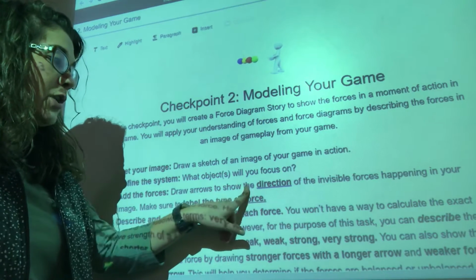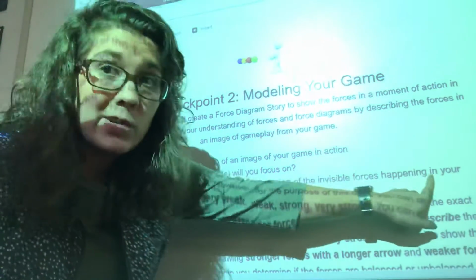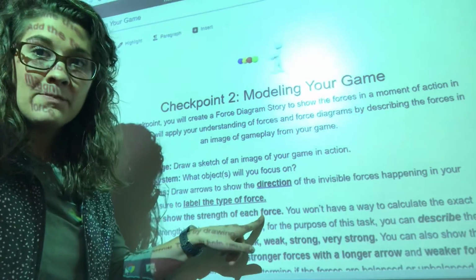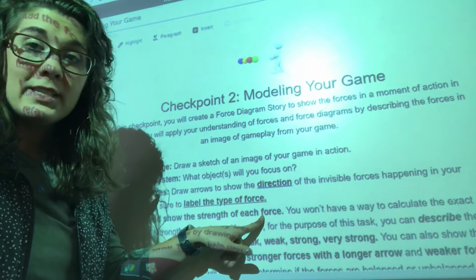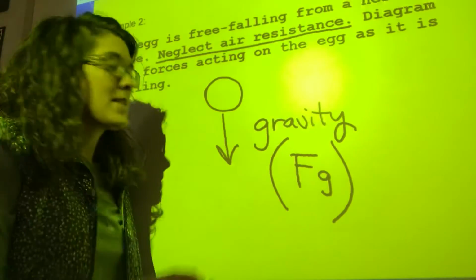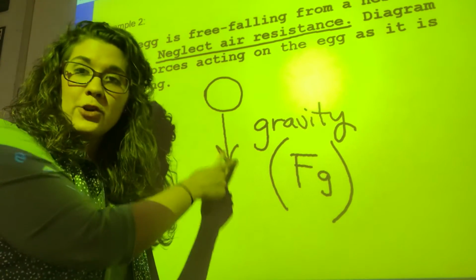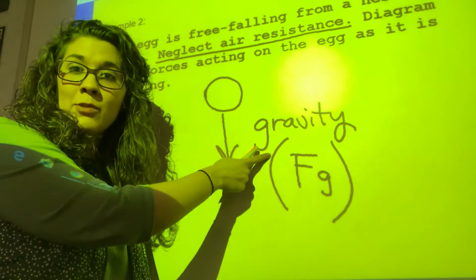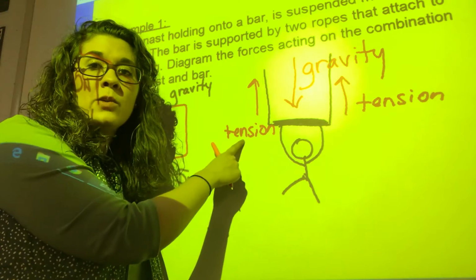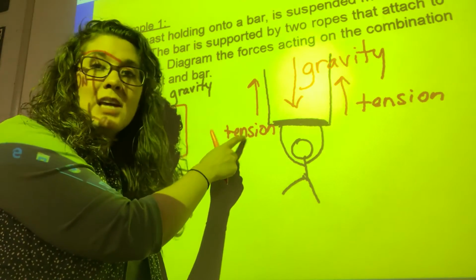Draw arrows to show the direction of the invisible forces happening in your image. Make sure to label the type of force. This is where you're doing the free body diagram. If you were talking about the egg falling, you're going to draw your arrow and label your arrow. If you were talking about the gymnast, you're going to draw the arrows and label the type.